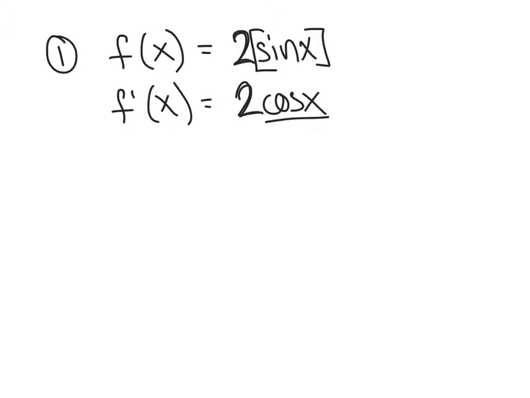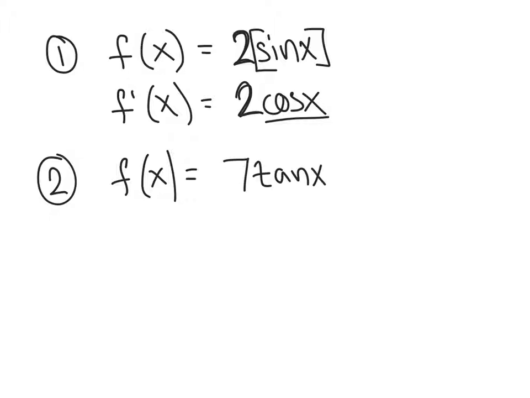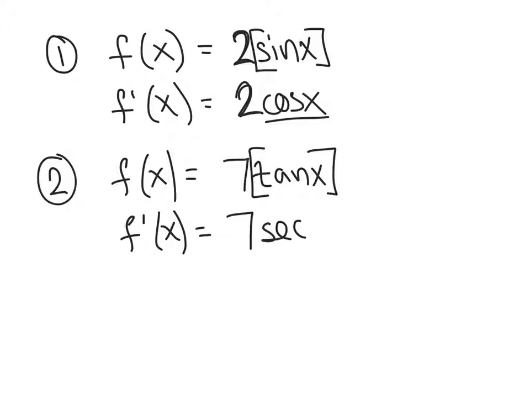So it really doesn't make our job any harder. In fact, let's do another one like that. If I said f of x equals 7 times the tangent of x, then simply the derivative would be 7 times whatever the derivative of tangent itself is, which if you look at your notebook is secant squared.